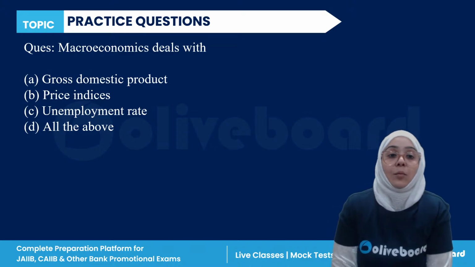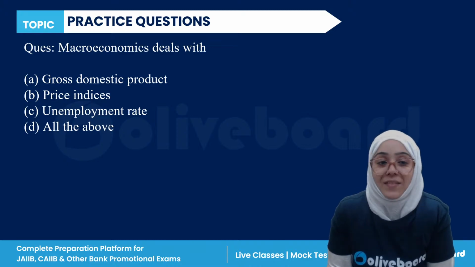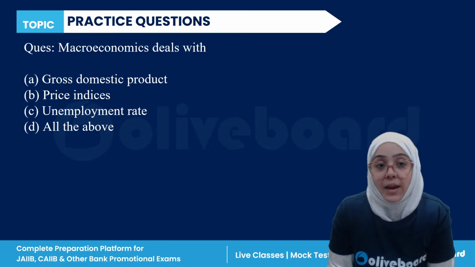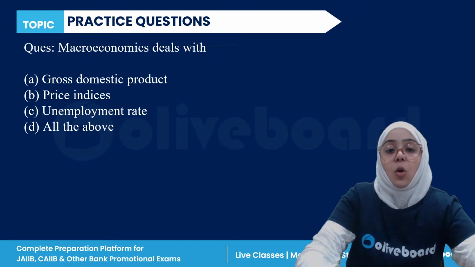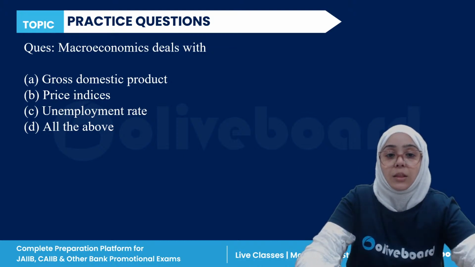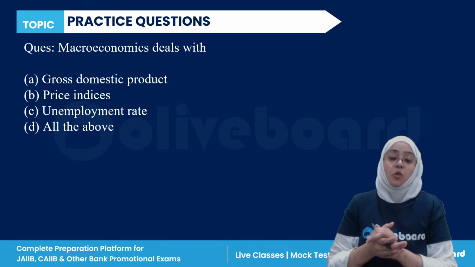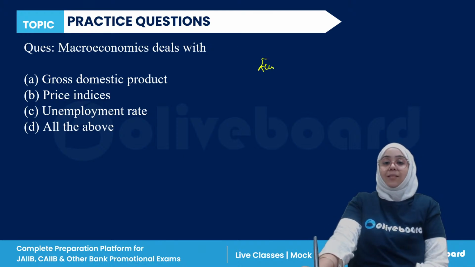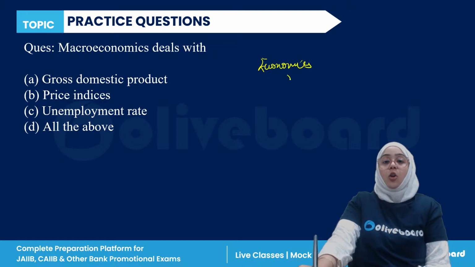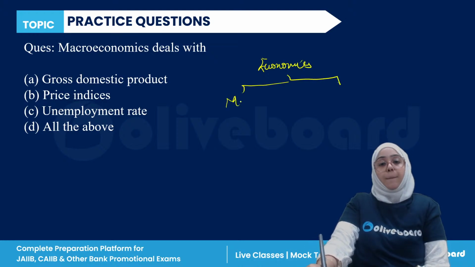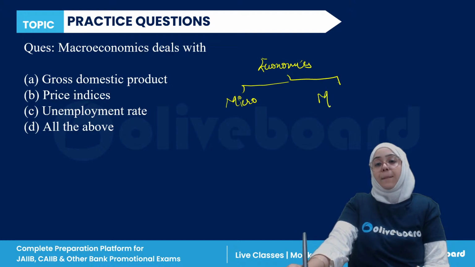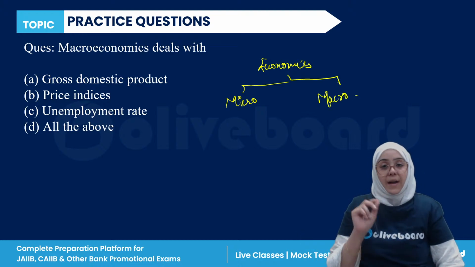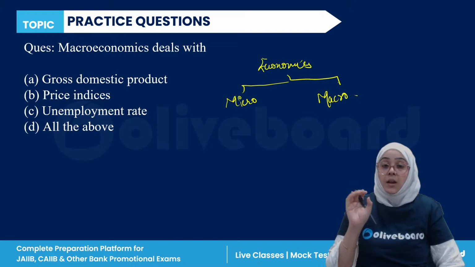Macroeconomics deals with: gross domestic product, price indices, unemployment rate, or all of the above. Macroeconomics deals with what? Economics is broadly divided into two parts, microeconomics and macroeconomics, right?